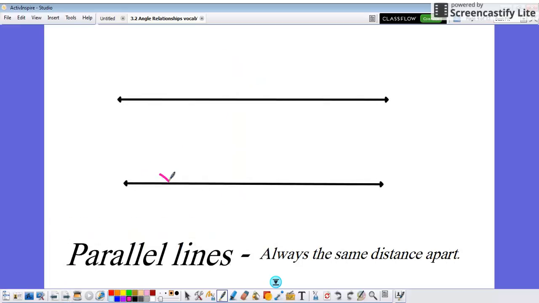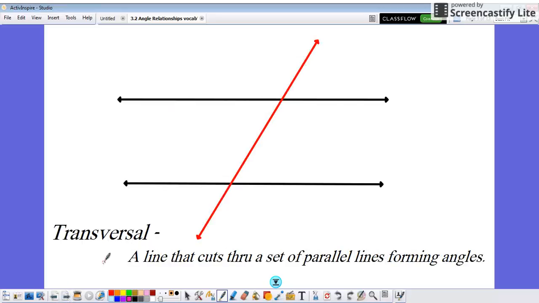Okay, parallel lines. You called them railroad tracks when you were younger. It's two lines that will stay the same distance apart forever and eternity. They run parallel. Here we're talking about the transversal again. This red line is my transversal.